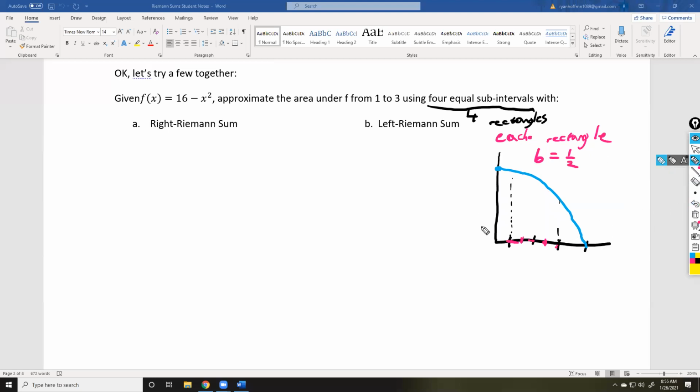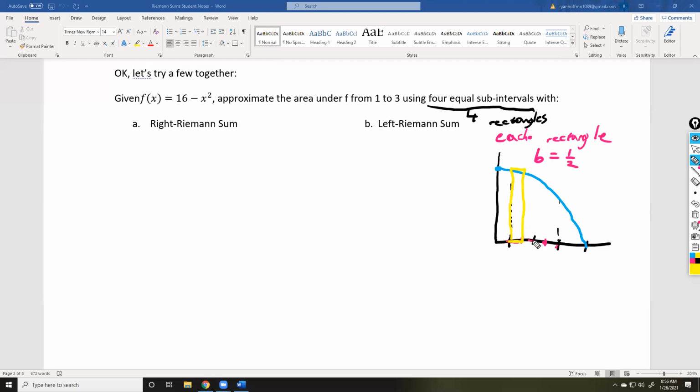But this time, when I'm choosing between 1 to 1.5, which one to use for my height, I'm going to use the leftmost endpoint. And so this is going to be my rectangle.